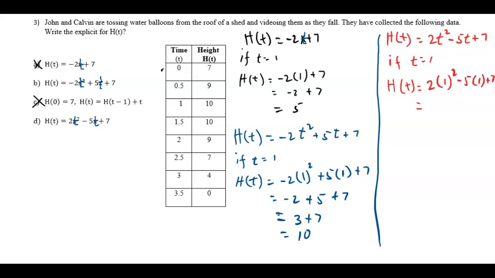So 1 squared is 1, and 2 times 1 is 2. Minus 5 plus 7. 2 minus 5.